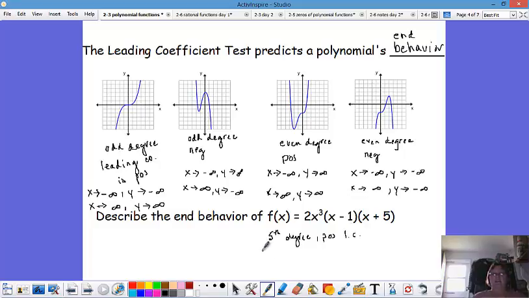And we should be able to talk about its end behaviors then. We've got an odd degree and a positive leading coefficient. We are under our first model over here. So we are going to have, as x goes to negative infinity, y goes to negative infinity. As x goes to positive infinity, y also goes to positive infinity.